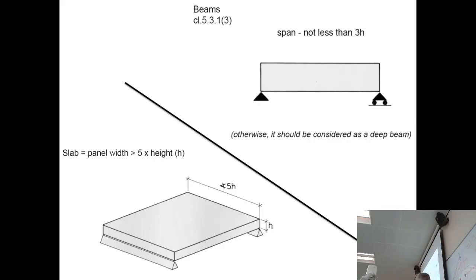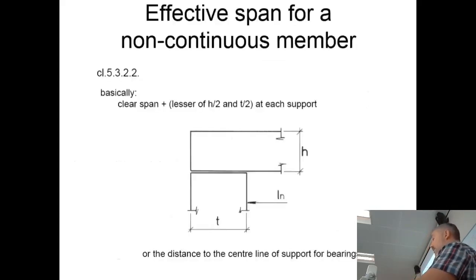If your width is greater than 5 times the height, then it would be classed as a slab. And again, you'll be using some of the formulae for designing slabs, but you've got to use a different analysis. As far as I know, you might be doing yield line analysis with Barry Walmsley in structural analysis. So we're not designing deep beams, we're not designing slabs in this.